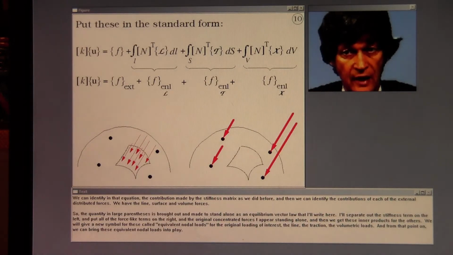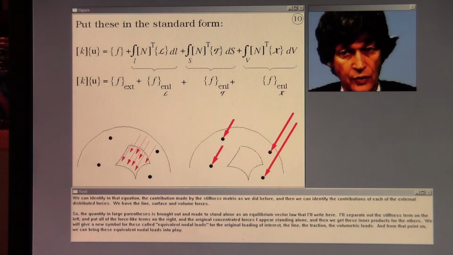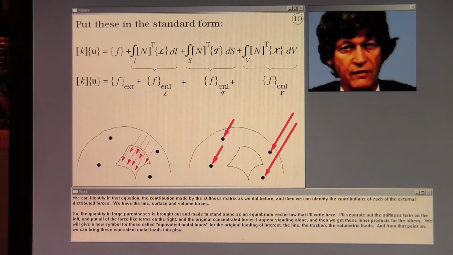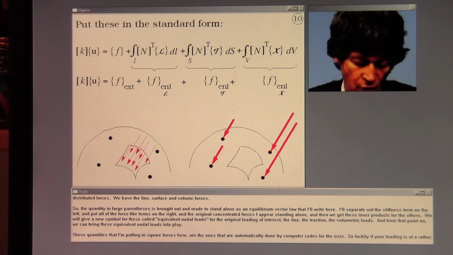We can identify in that equation the contribution made by the stiffness matrix as we did before, and then we can identify the contributions of each of the external distributed forces. We have the line, surface, and volume forces.